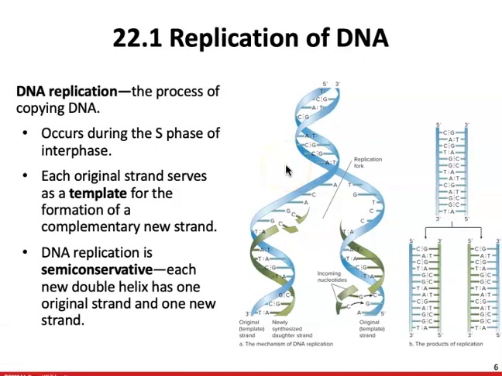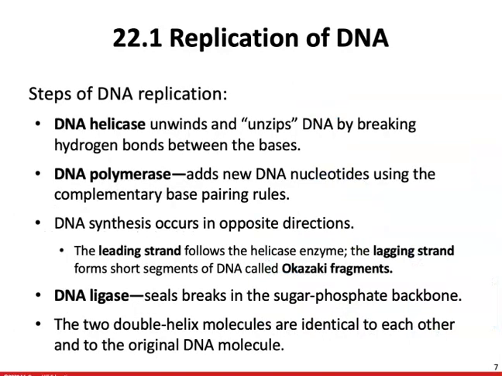So here is just a series of some of the terms that we just used and what their role is going to be. Like I said, the very first step of unwinding the strands of DNA is going to be done by the DNA helicase. The "heli" refers to the double helix, and the "ase", anytime you see that ASE, that typically refers to enzyme activity.